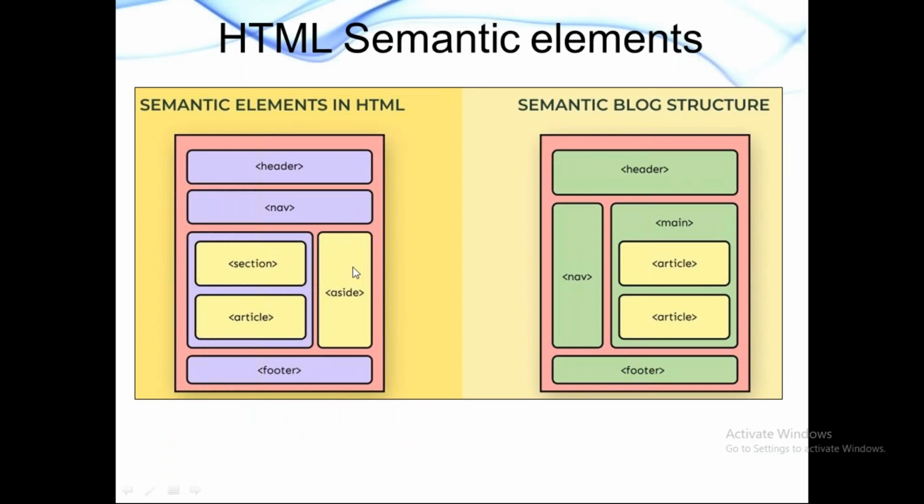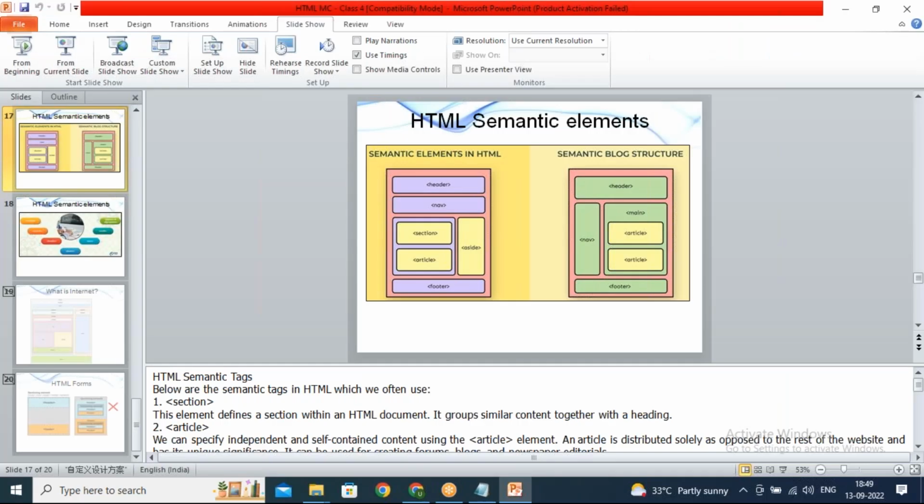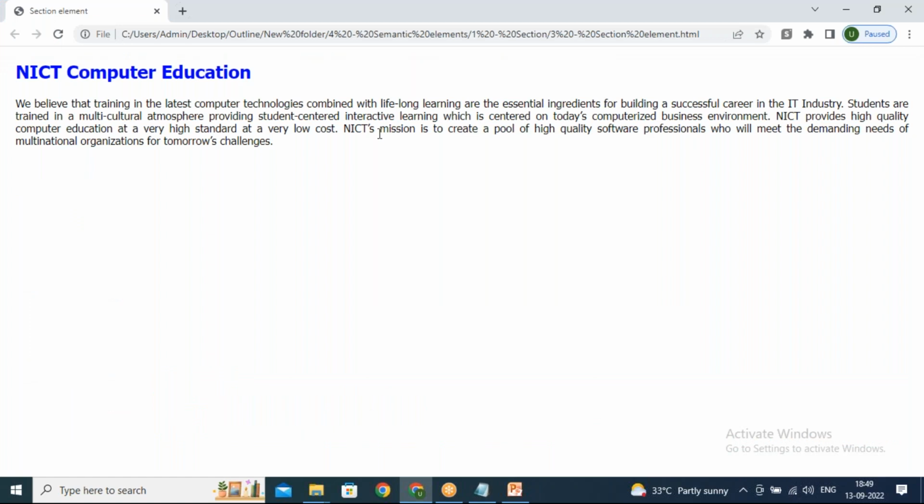So prepare the content for each and every section. Some sections might have a heading and paragraph, some might have heading, paragraph and images, some might have an ordered list. So you prepare the content for the section, and then you come and do your styling, and finally you display the web page. Is it clear to everyone?